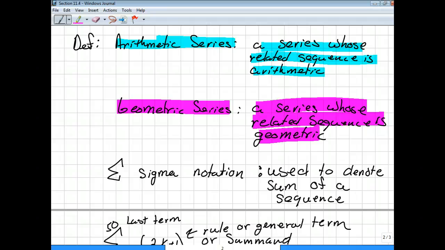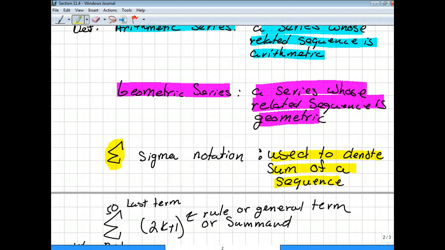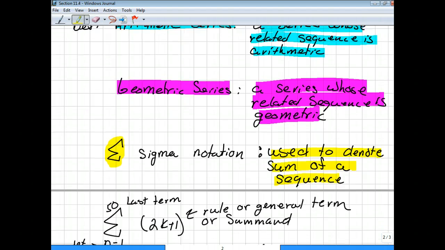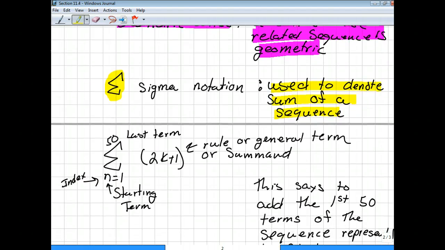That special notation is called sigma notation. So sigma is this Greek letter that looks kind of like an E, and it's used to denote the sum of a sequence. Okay, so it's used to tell you that you're going to add up a sequence.